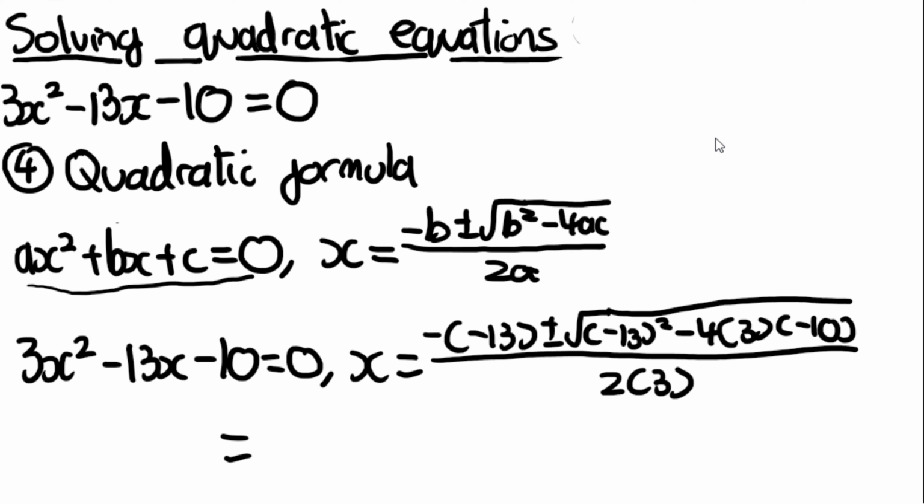And if you do one of them as plus and one of them as minus, it'll give you two answers, one of them 5 and one of them is minus 2 over 3. Again, though, you might as well use the calculator rather than using this.